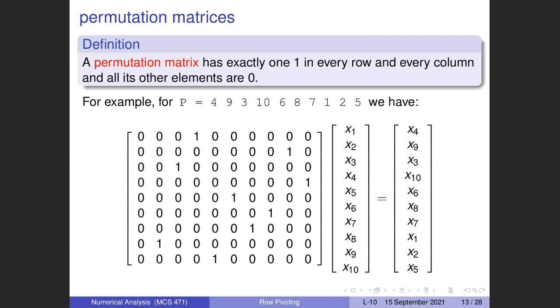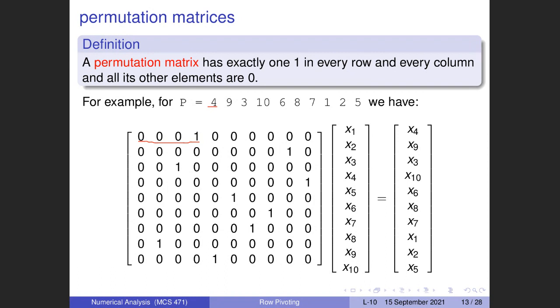What you actually store are the columns of the first non-zero. Here we store the 4 because the first 1 on row 1 occurs in column 4.